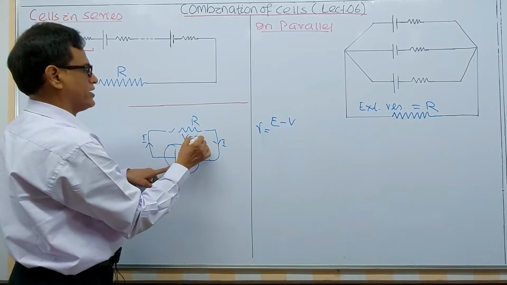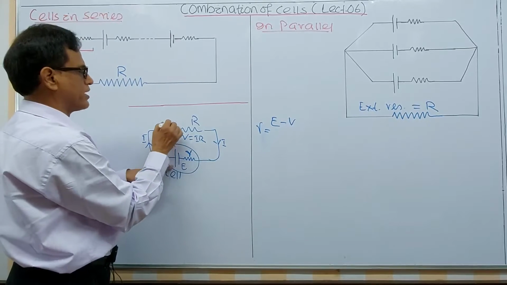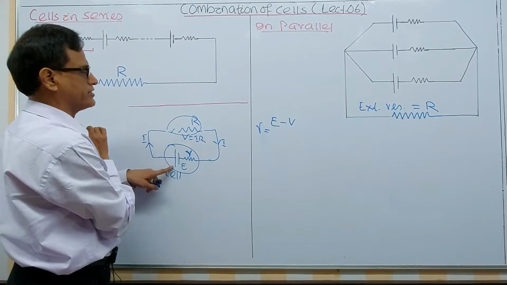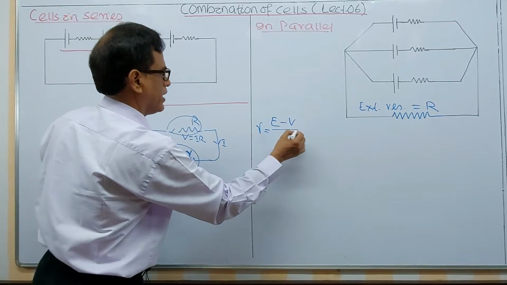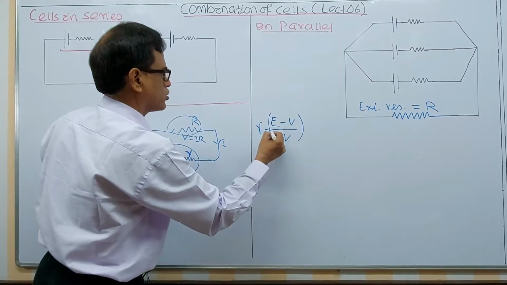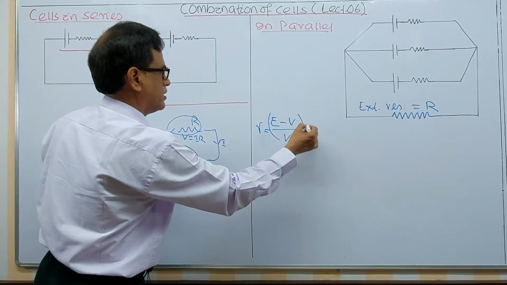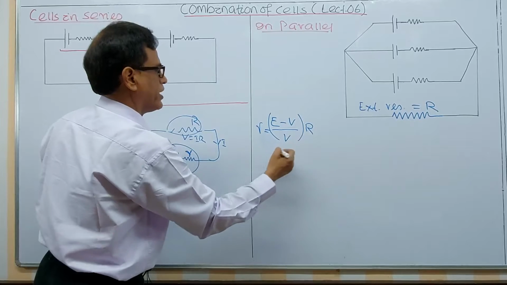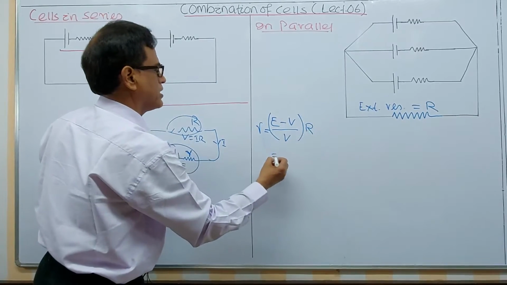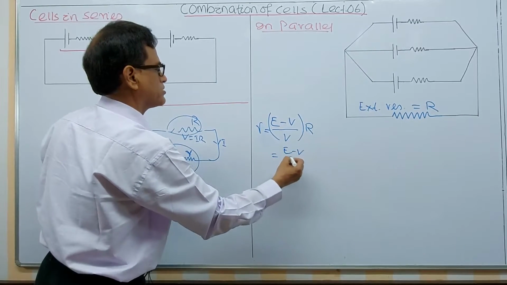V is equal to IR by Ohm's law, where V is the voltage developed in the external resistance, divided by V into R. This formula we have derived, and it is otherwise called E minus V.